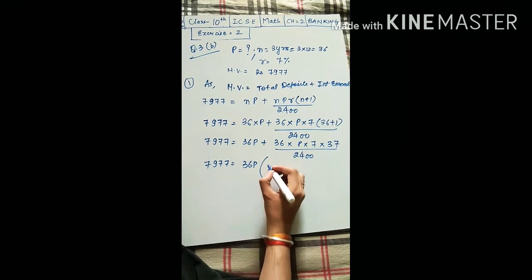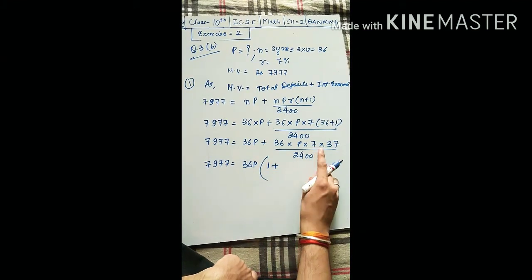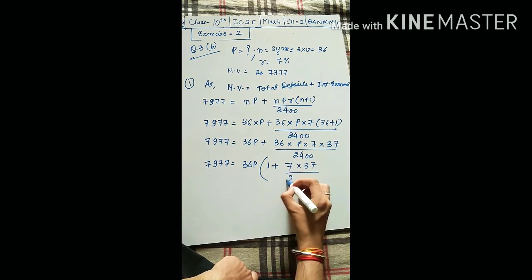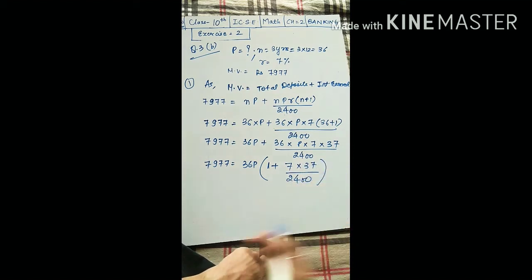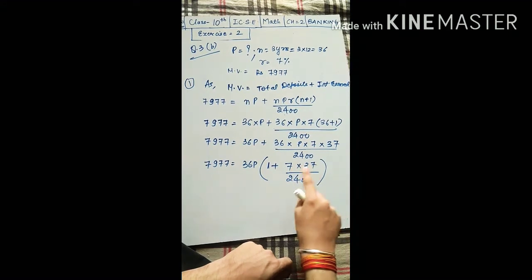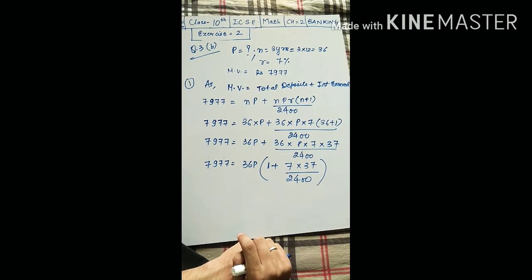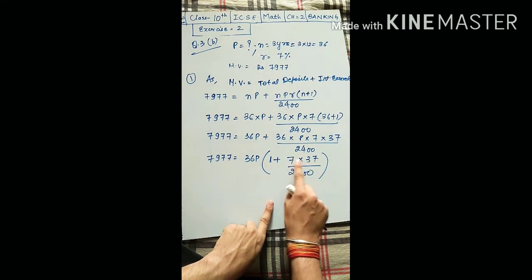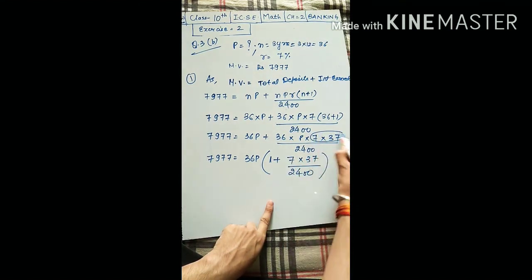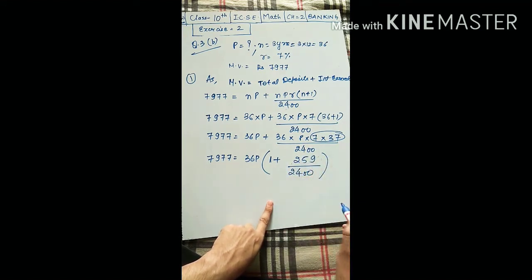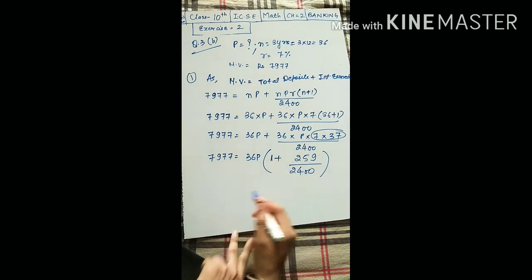On taking 36p common, we are left with 1 plus 7 into 37 upon 2400. 7 into 37 on multiplying will get 259. Then we have to take LCM here.